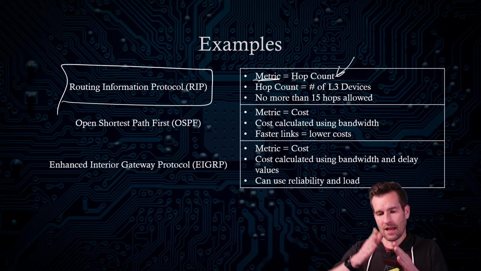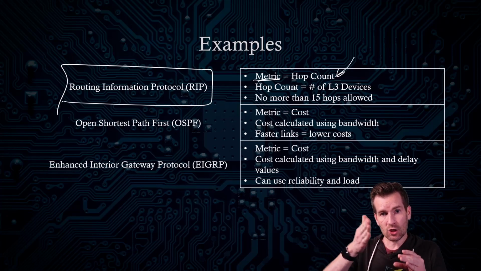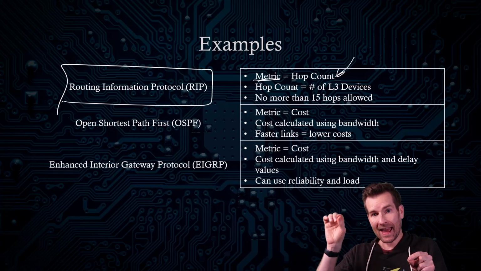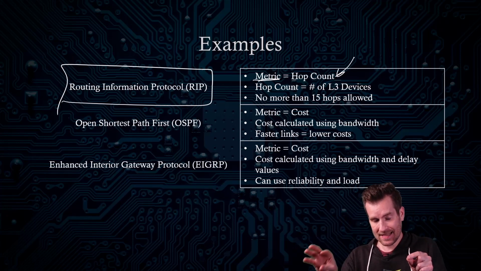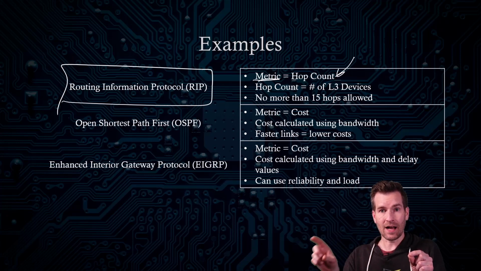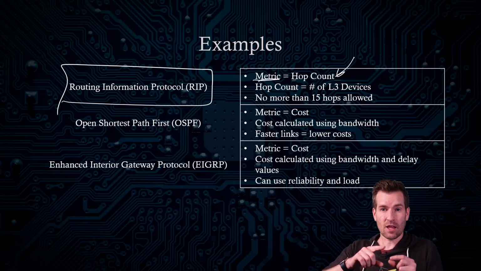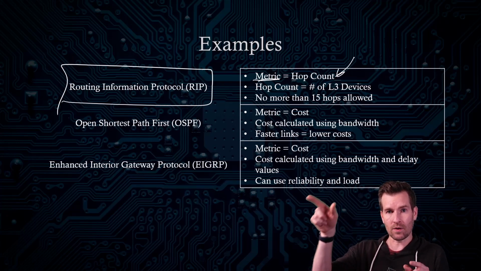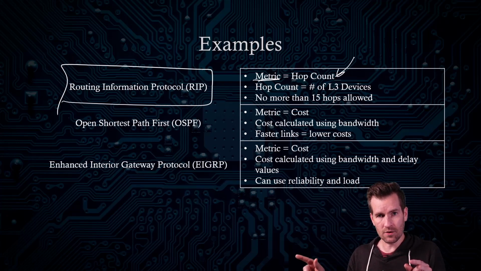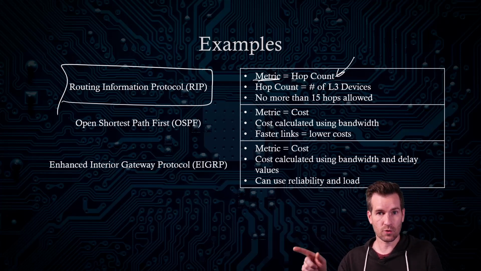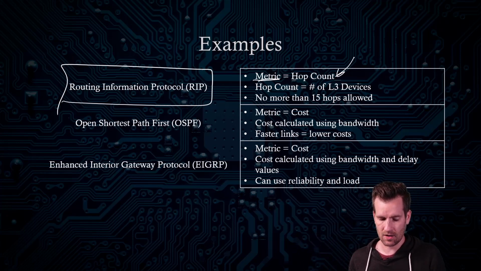Every hop that it takes, every layer 3 device that it hits between that router and the destination network, is considered a hop. It'll count those up, and then you come up with the metric of hop count. So if it takes 3 hops to go one direction and 5 hops to go another direction, then it's going to take the route that only has 3 hops to get to that final destination.